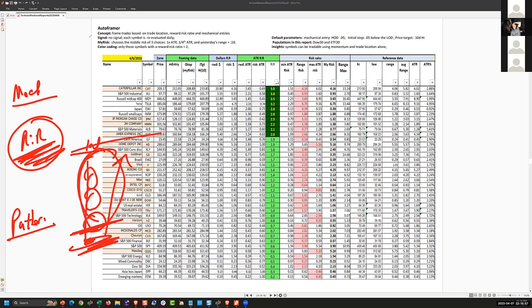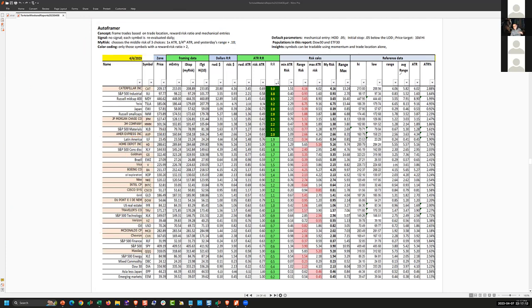So it turns out that the auto framer became another mechanical swing trade system that did not require any particular pattern, simply trade location. That absolutely blew my mind, and that's my primary method of selecting swing trade candidates for the last 15 years.